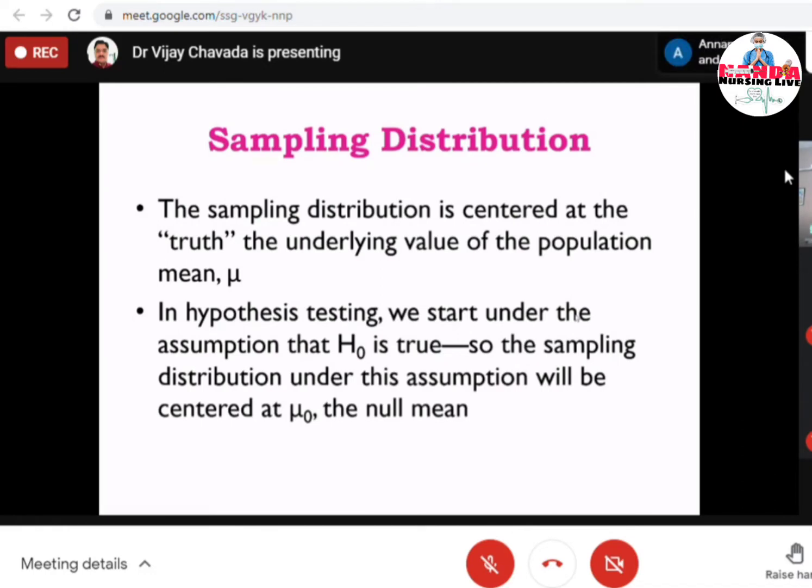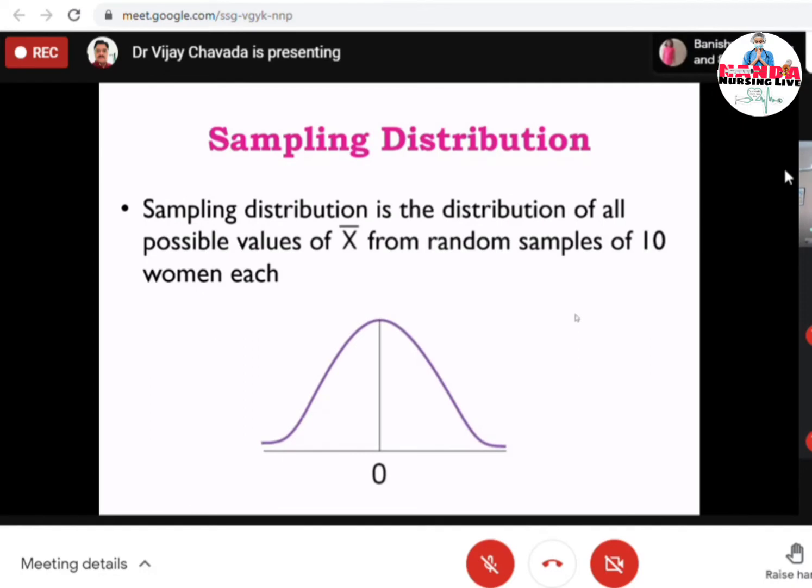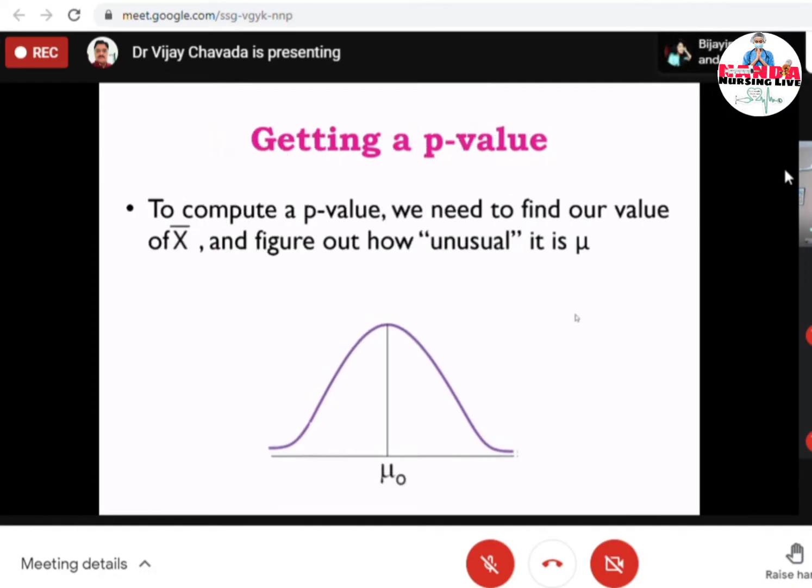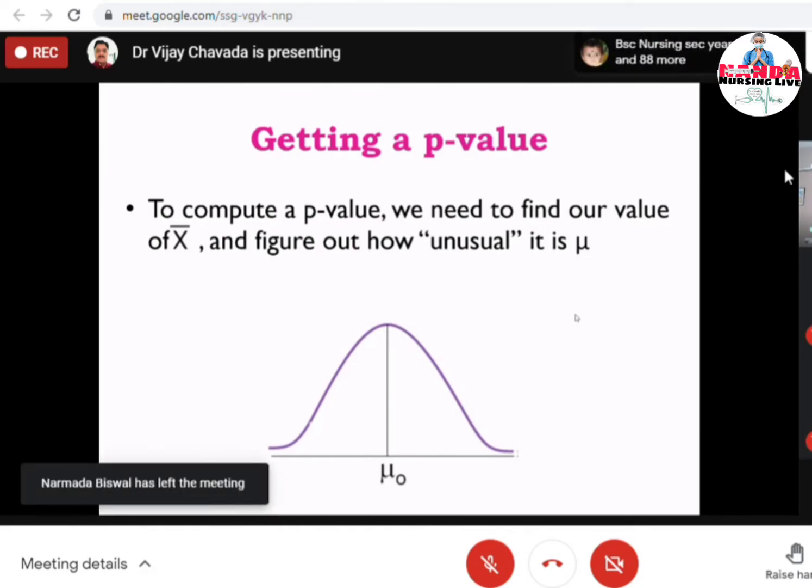Now the sampling distribution is centered around the true value. In hypothesis testing, we start under the assumption that H0 is true. We always start by saying that there is no difference between the two groups. But finally, we reject our null hypothesis. That there is no difference is rejected means there is a difference is accepted. Now, to compute a p-value, we need to find our value of x bar and figure out how unusual it is with respect to the population.